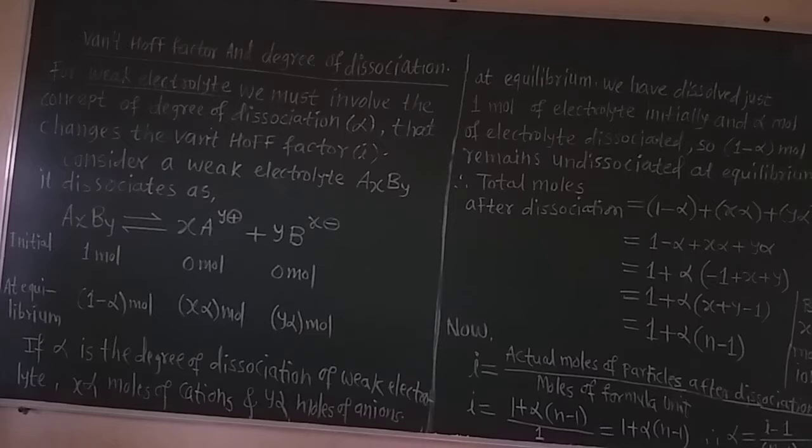Now consider a weak electrolyte AxBy. It dissociates as AxBy ⇌ xA^(y+) + yB^(x−). We know how this is possible.